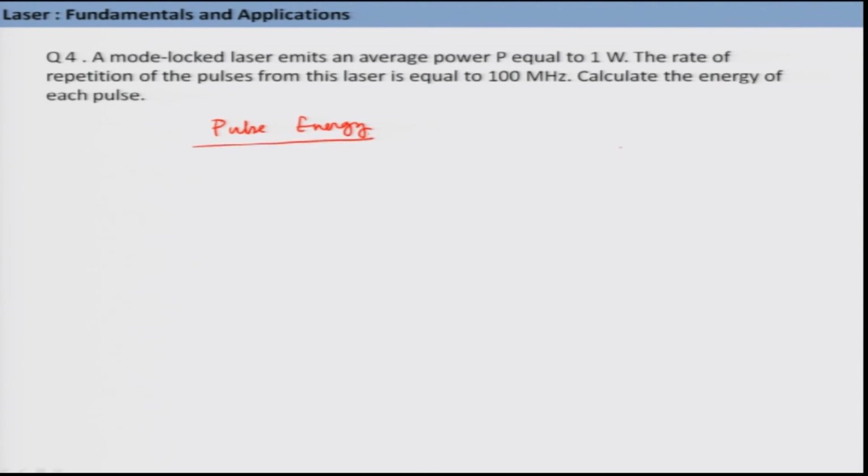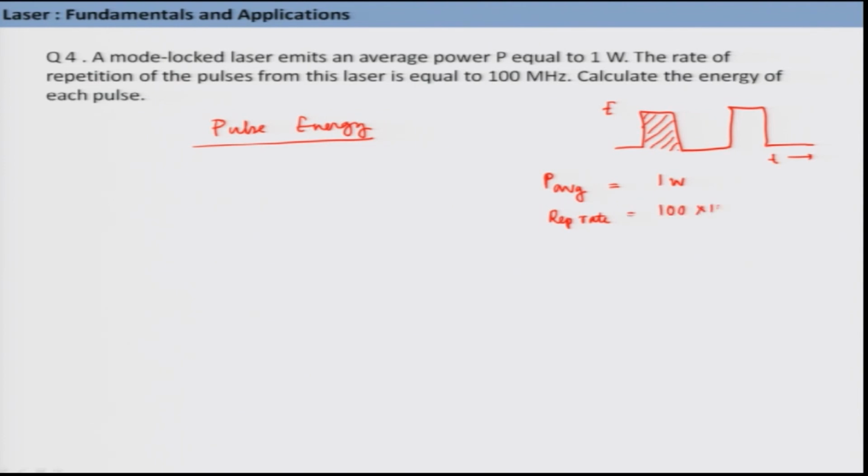We know what pulse energy is. If these are the pulses as a function of time, and this is the energy, what is the energy of this pulse? Now, what information have we been given? We have been given P average, which is equal to 1 watt, and a repetition rate of 100 megahertz.